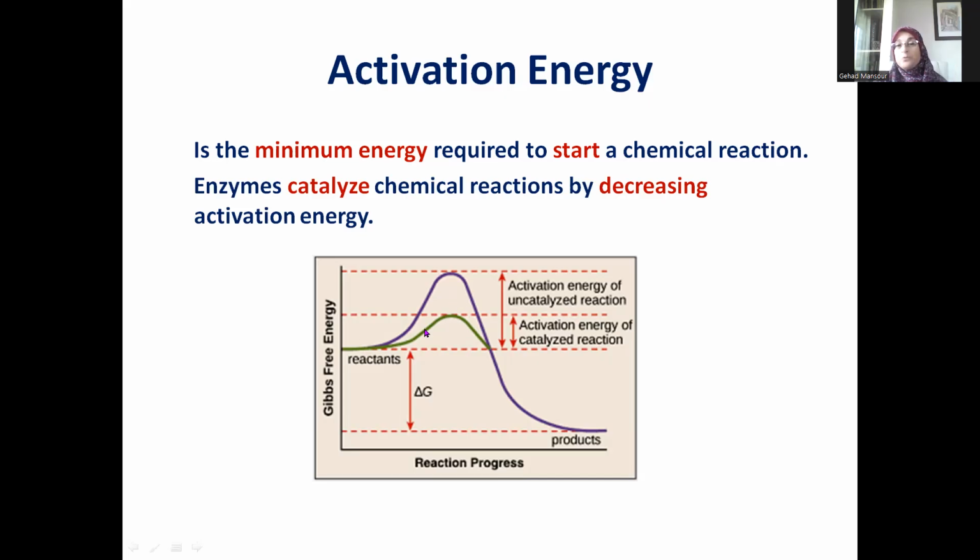So whether you are using an enzyme, in the green curve, or you are not using an enzyme in the purple curve, you need to provide a certain amount of energy to get this peak where the substrate is at the top of excitation and activation and would start giving the products.